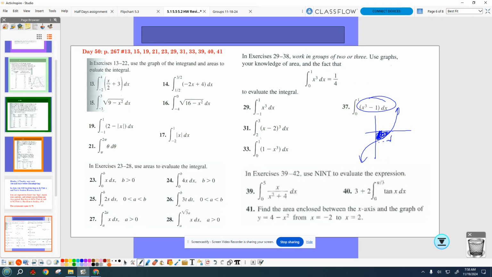Because again, these are areas under the curve, so this is length by height. You just factored that out. I probably thought dx is width, right? So I just said width was 1.